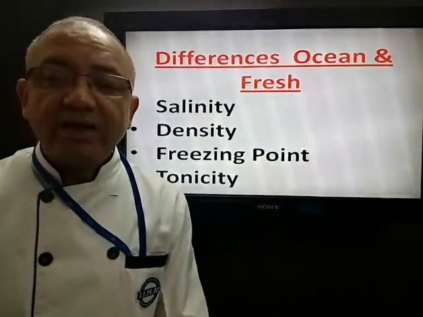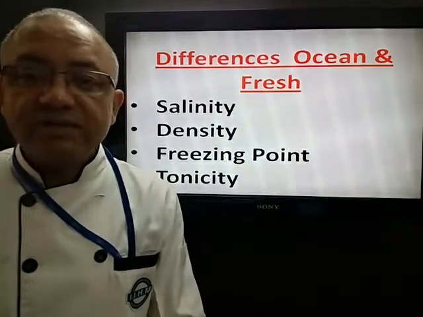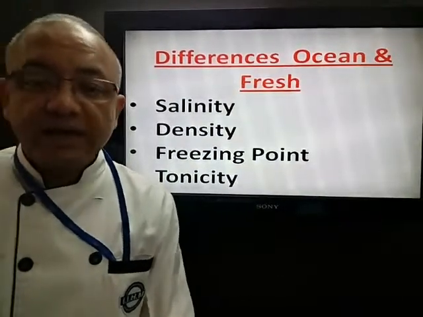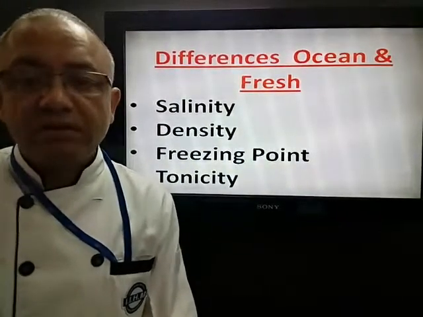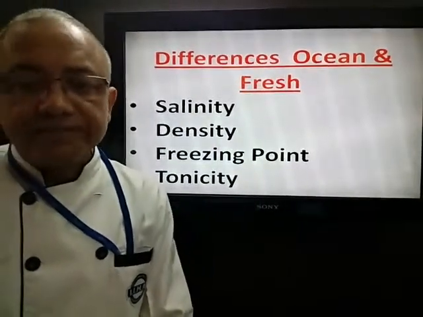Salt is also carried by the rivers and the streams. So this creates the first difference, that the salt water is salty and has a very high amount of salinity, which is approximately 35 grams per liter of water.